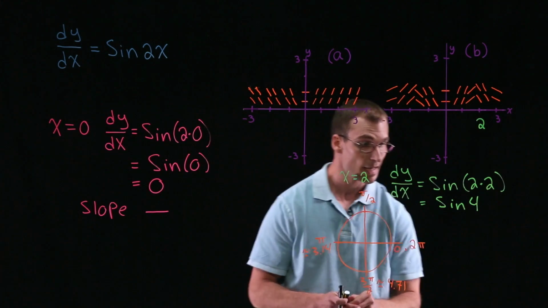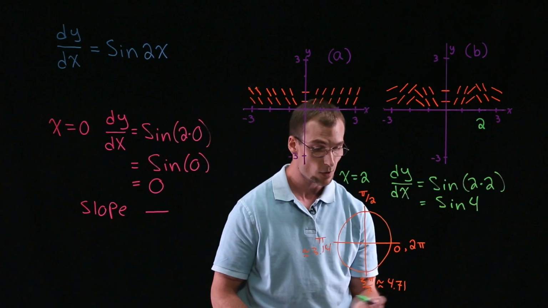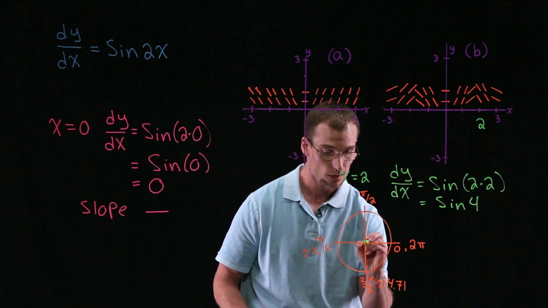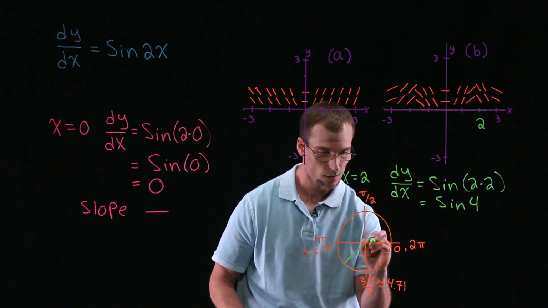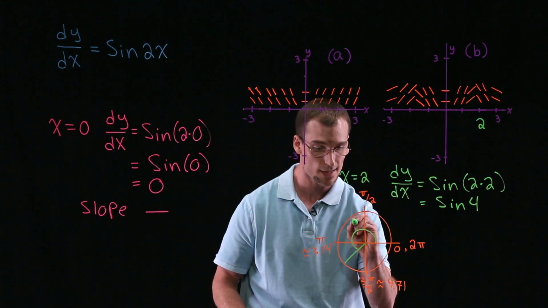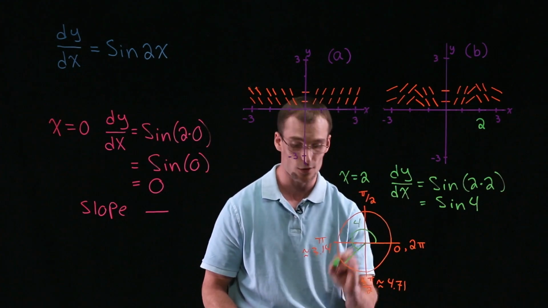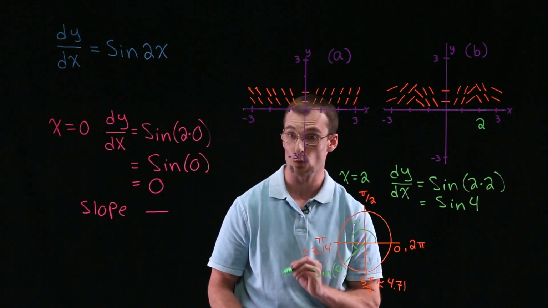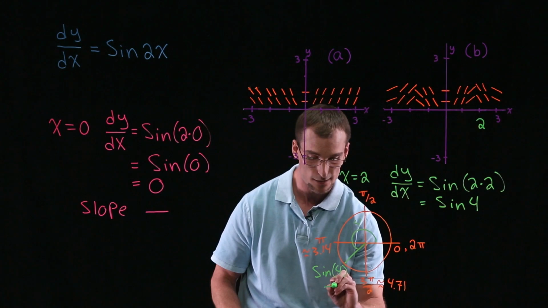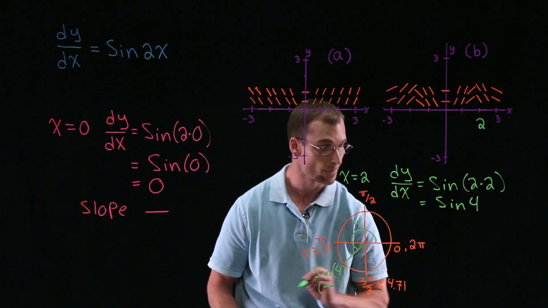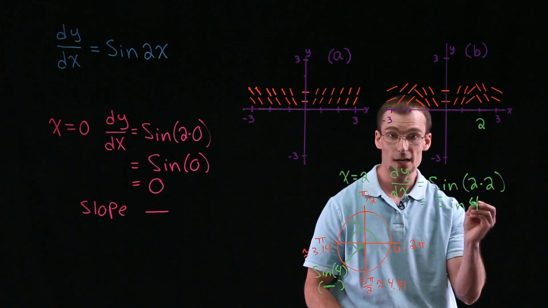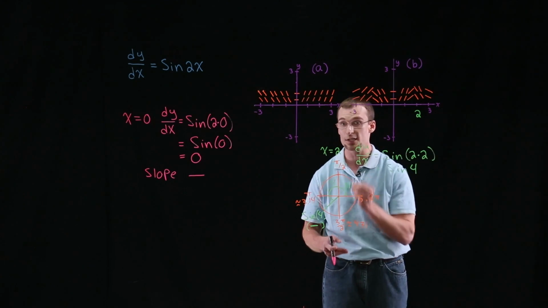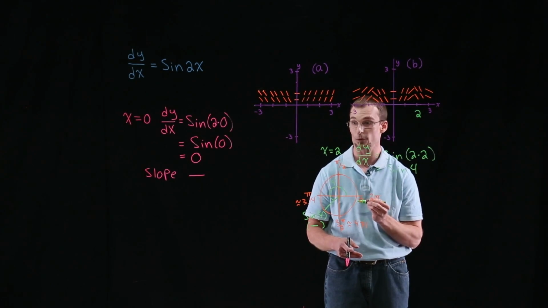What that tells us is that 4 is between 3.14 and 4.71, meaning 4 radians is going to be in our third quadrant, where, again, we don't want the exact value, we just know that sine is negative. So sine of 4 is a negative value, meaning we have a negative slope at x equals 2, which matches the slope field of B.